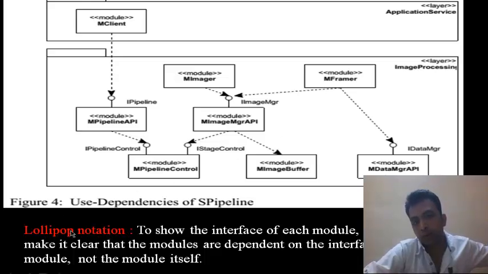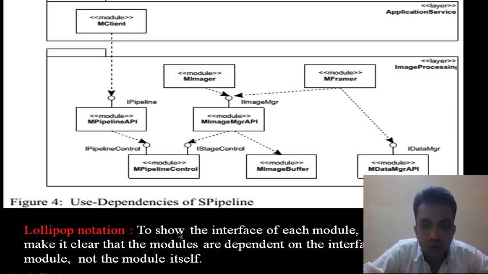Here is the lollipop notation to show the interface of each module. There are a total of 8 modules here. Some modules have the lollipop notation, but concentrate here, this module does not have it. The lollipop notation shows the interface of each module, and makes it clear that modules depend on other modules through their interfaces, not the module itself.